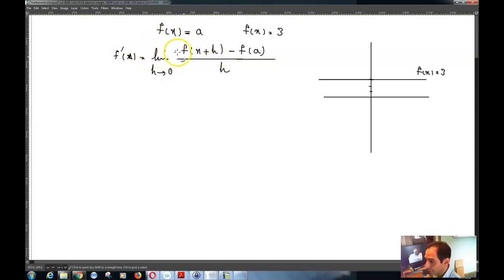In the case of this function, f of x is equal to a, so you have no variable in your function.